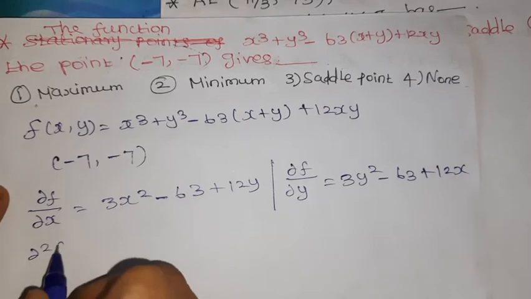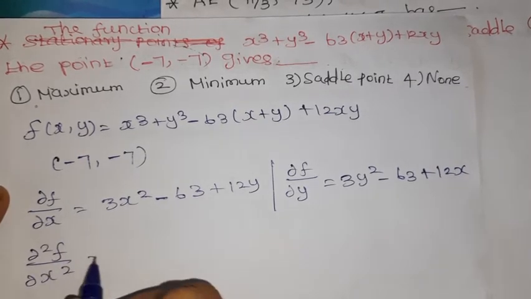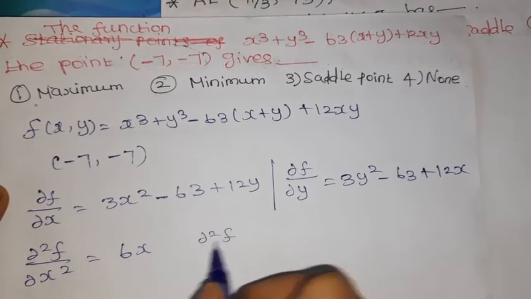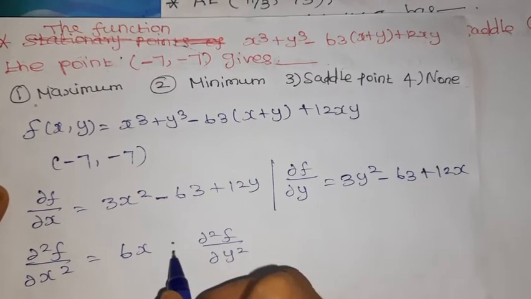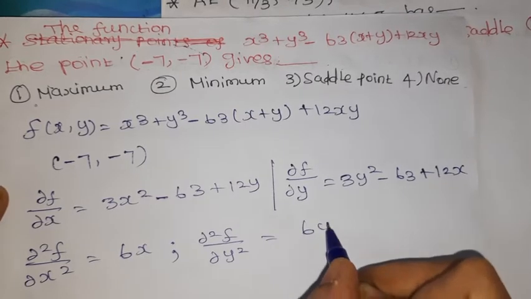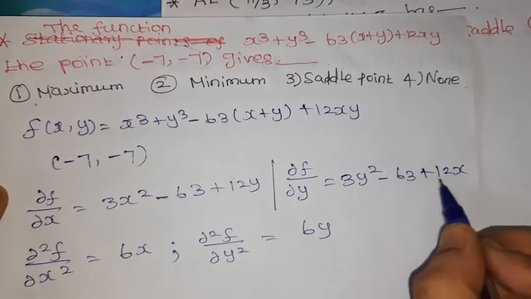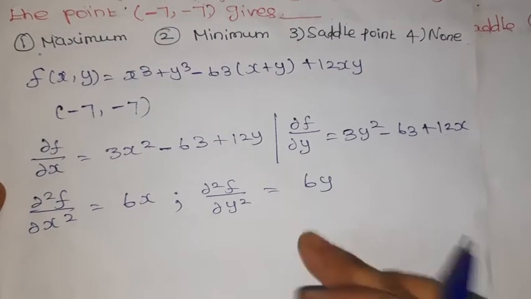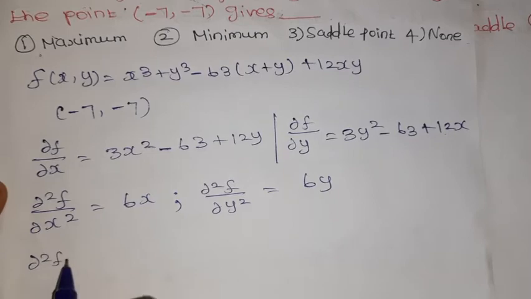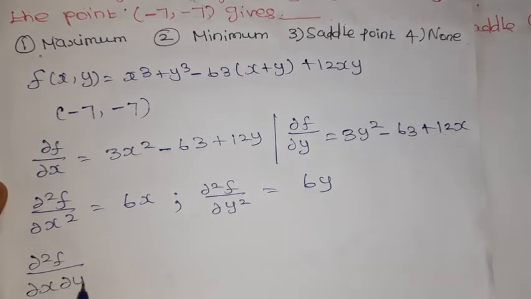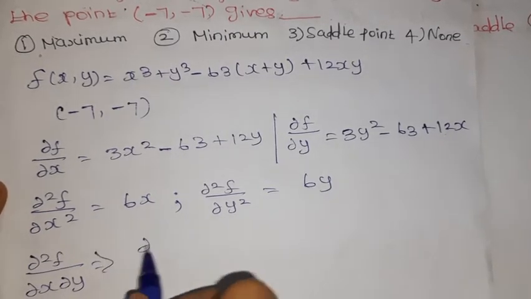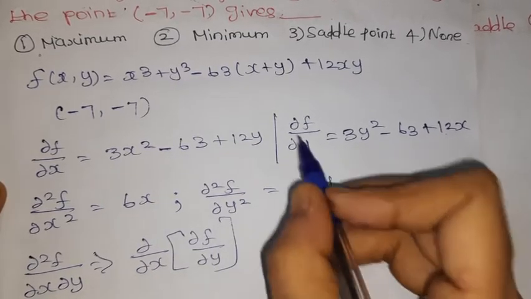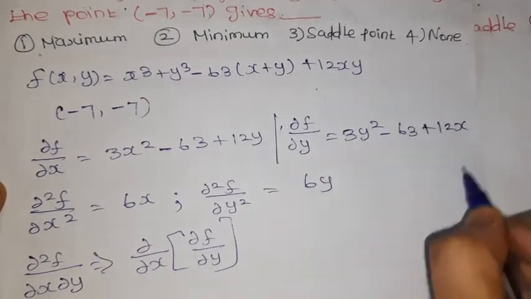Then ∂²f/∂x² equals 6x, and ∂²f/∂y² equals 6y. Here, this is a constant and this is a function of x, so we will get 6y alone. Then we need to find ∂²f/∂x∂y, which means differentiating ∂f/∂y with respect to x.